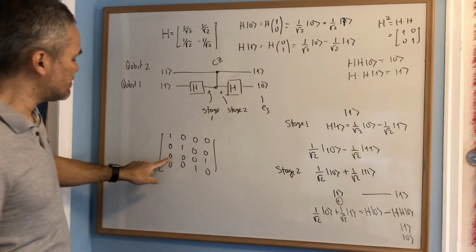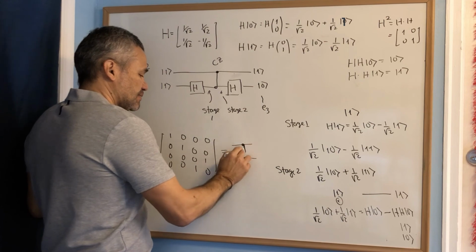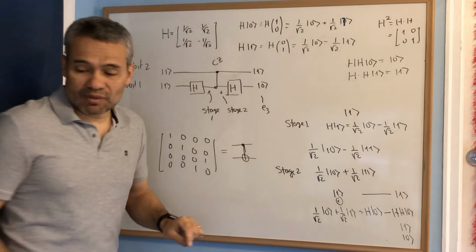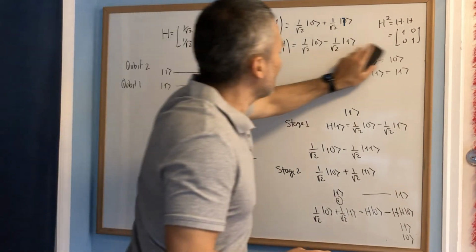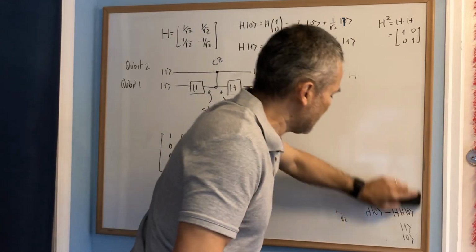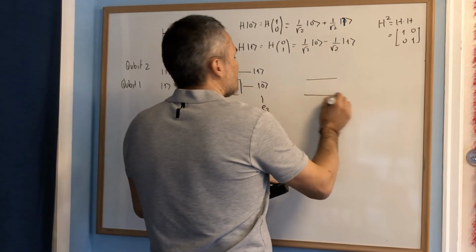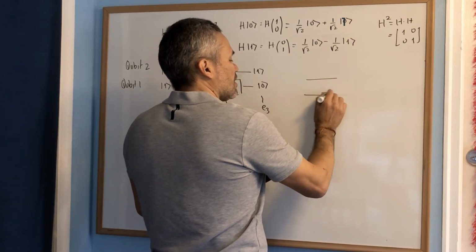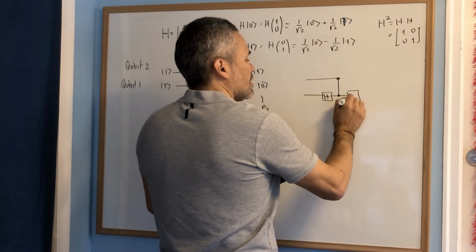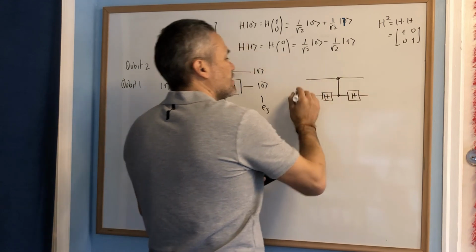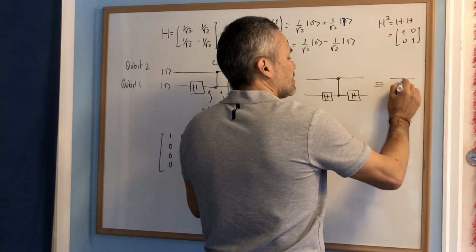And we have seen this before. Remember, this is the circuit that comes with this CNOT. Then with this example, we have shown that this circuit, this gate, which I'm drawing like H, a CC, and an H, is equal to this gate.